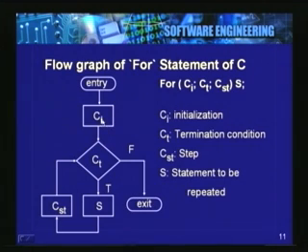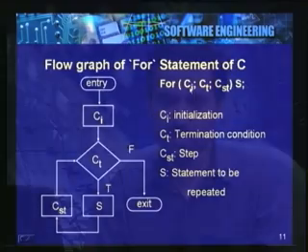So first we initialize the variables in this initializer. For example, you have simple for statements such as for I equal to 0, I less than 10, I plus plus, do S, which means that you are doing something 10 times and your stepping of I is a simple increment of I. So you are going to increment I from 0 onwards, and we will see how that is done.